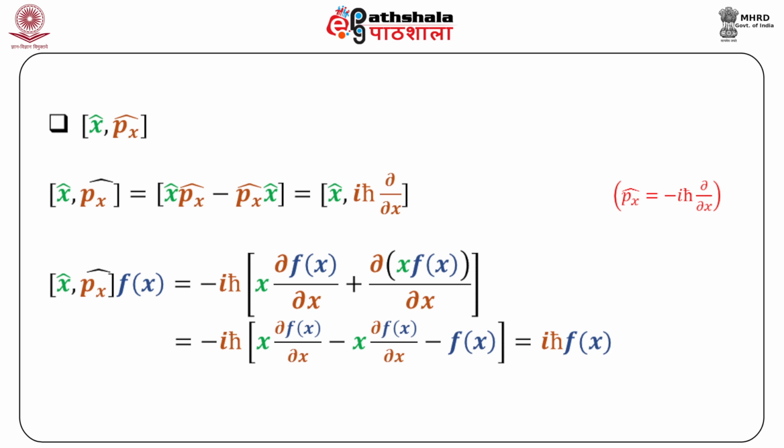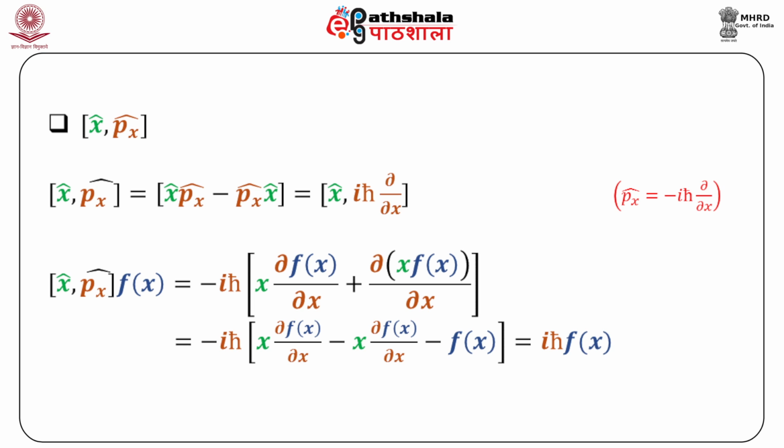For example, let's look at two operators, x cap, which is the position operator, and px cap, which is the linear momentum operator in x direction. Whether they commute or not, as we can see in this problem, we operate on a function f(x), and we notice that ultimately this does not commute, because we get an expression which is not equal to 0.